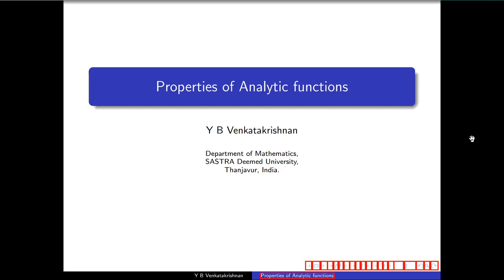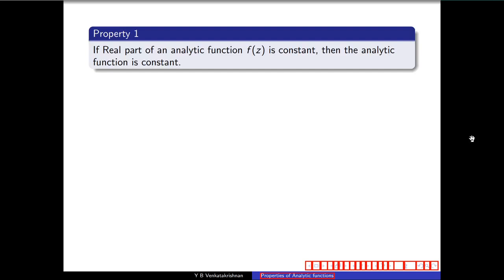namely dou u by dou x is equal to dou v by dou y, and dou u by dou y is equal to minus dou v by dou x. And approximately we have 5 properties of analytic function.